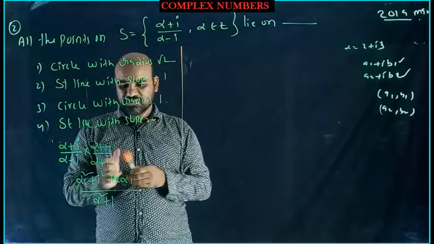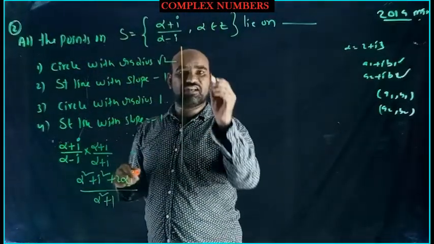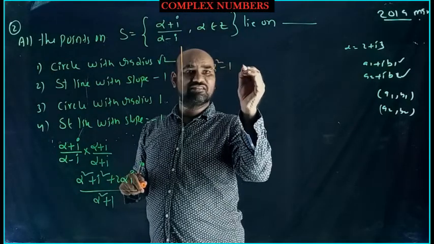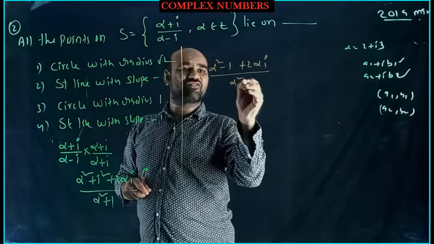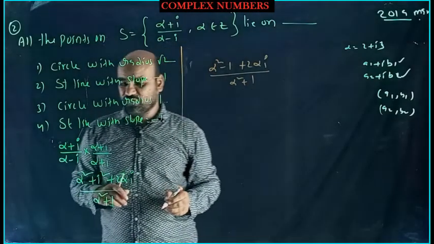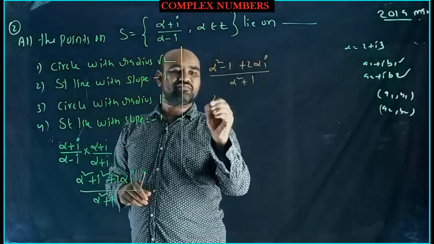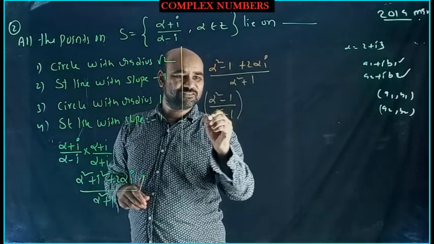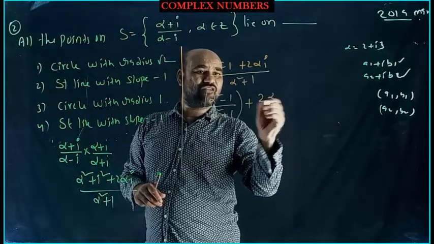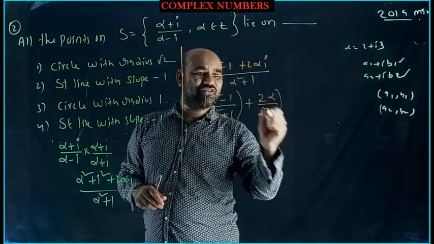Now observe, this is minus 1: (alpha square minus 1 plus 2 alpha iota) by (alpha square plus 1). Now the interesting step for the problem: (alpha square minus 1) by (alpha square plus 1) plus (2 alpha by alpha square plus 1) into iota.